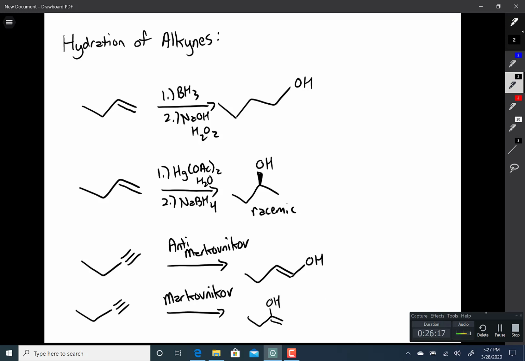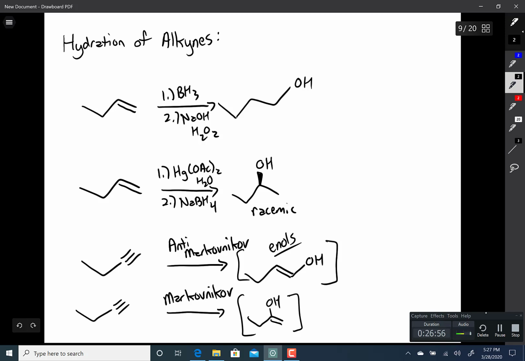Except there's a slight complication. These molecules are what are known as enols. If we remember from the first chapter, first unit, enols are not alcohols. Enols are actually unstable compounds. They rapidly become something else. So I'm going to put brackets on these.